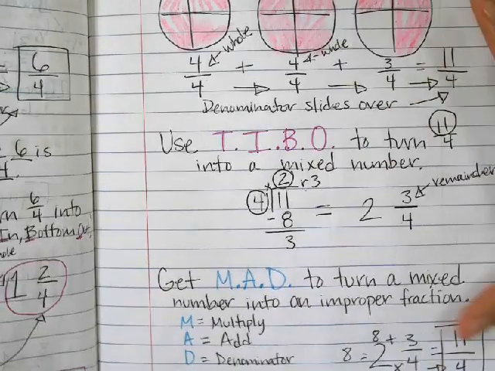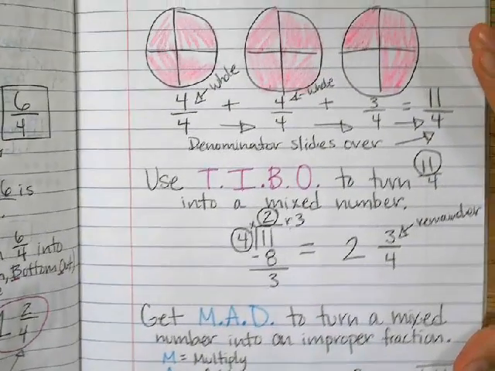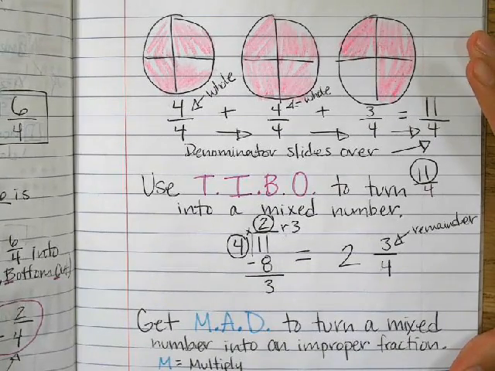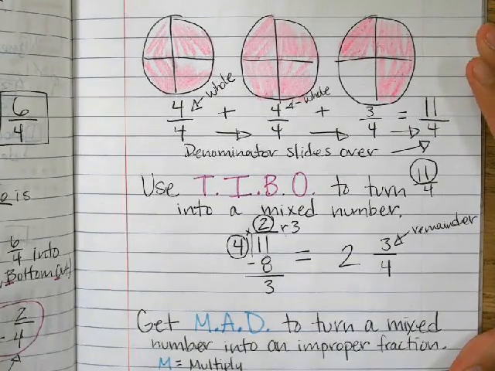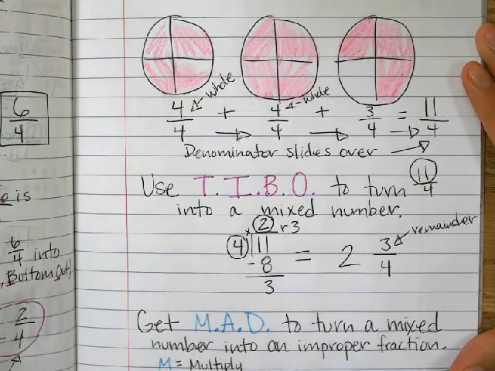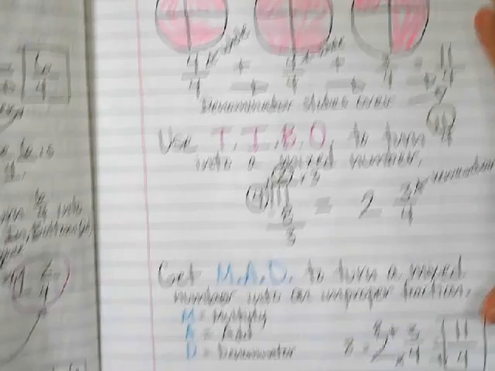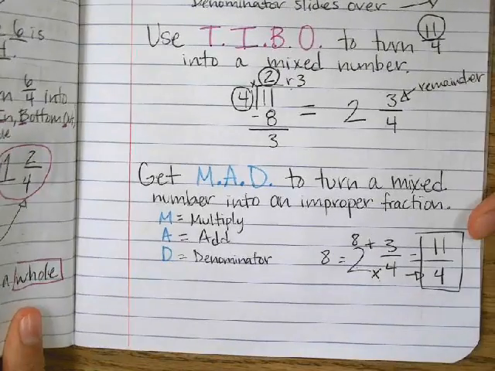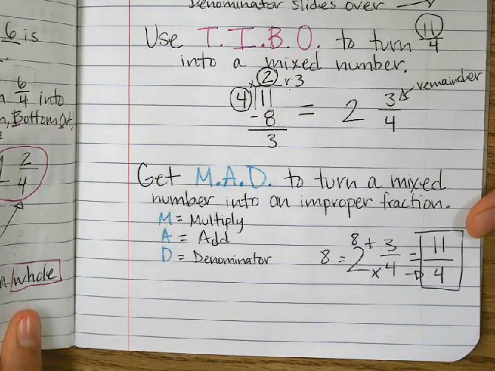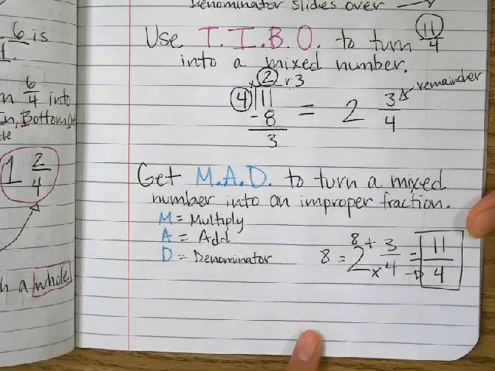And again, it's just another example of how we turn an improper into a mixed fraction, over here in this example. And then in order to turn a mixed number into an improper fraction, we use MAD. So we multiply, add, and we keep the denominator.